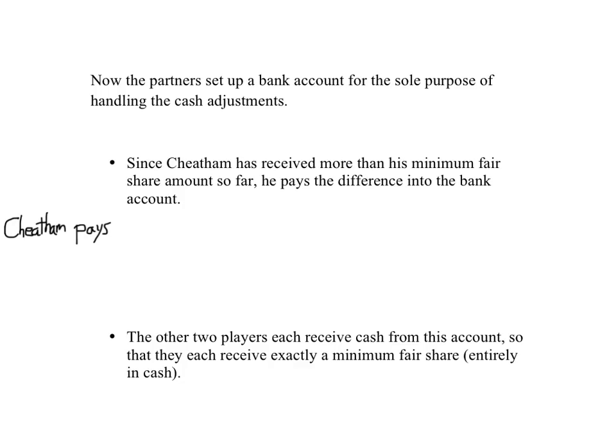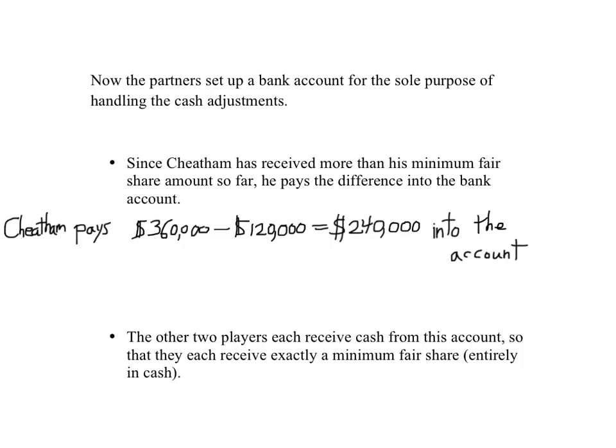Well, he has received, according to him, a $360,000 house, and his minimum fair share amount was only $120,000, so the difference is $240,000. So the way this method works, he has to pay that difference of $240,000 into this bank account. The other 2 players each receive cash from this account so that they each receive exactly a minimum fair share. So they're just receiving cash.